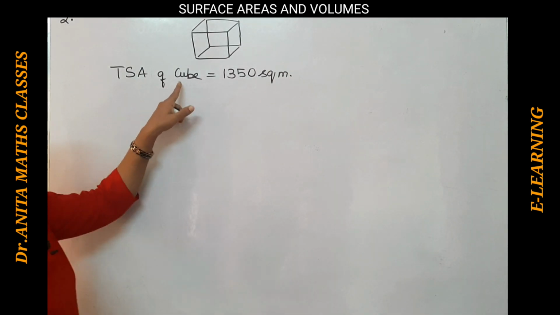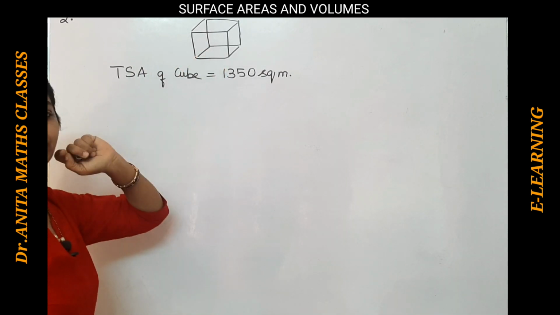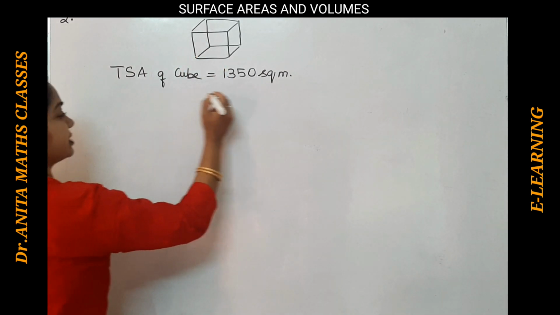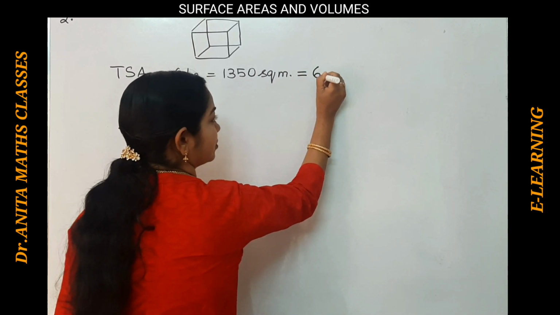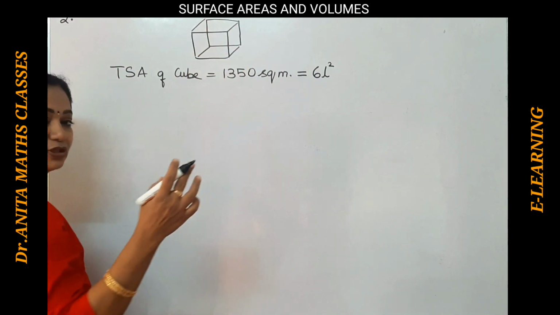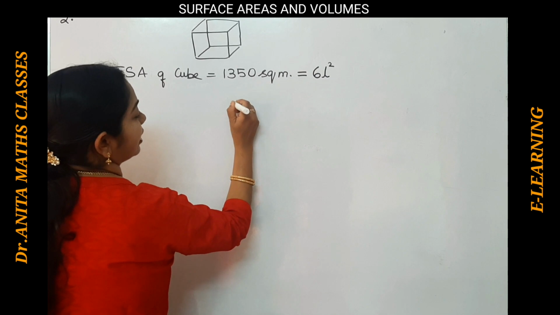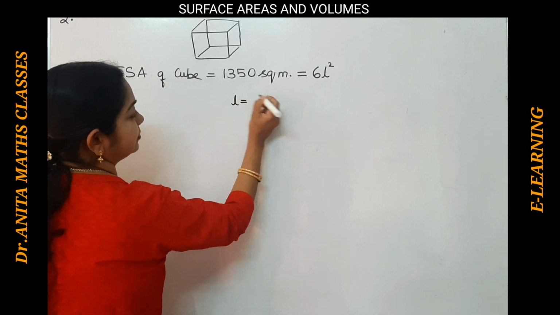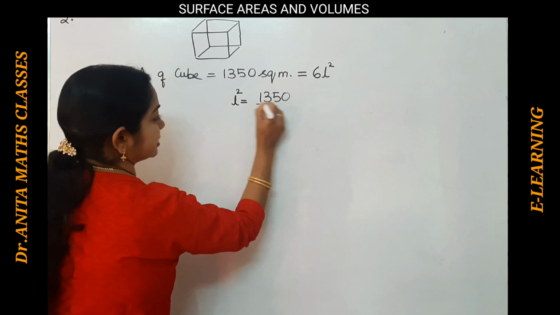From the total surface area of the cube, we will find out the side of the cube. Now, the total surface area, the formula is 6L square or 6A square or 6 side square, where all the sides of a cube are equal, isn't it? So, from this we can find out L square is equal to 1350 by 6.